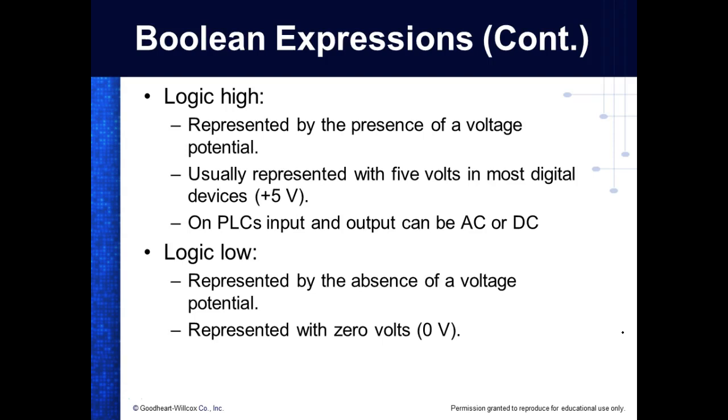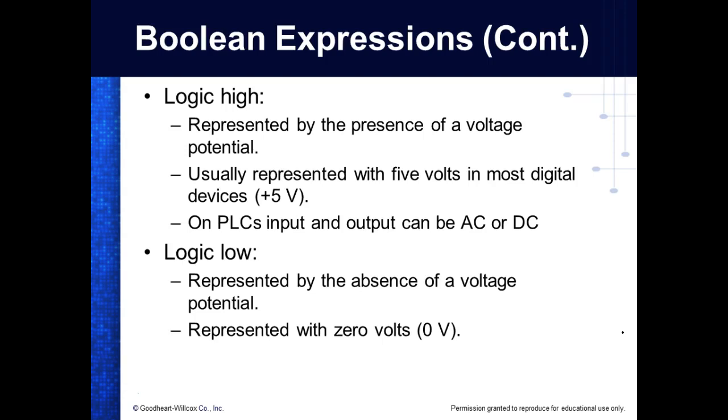Logic high is represented on the PLC by the presence of a voltage potential. Inside the PLC, where the CPU is, we normally use 5 volts, which has been used for years. That's a voltage most digital devices are designed for. PLC inputs and outputs can be either AC or DC.